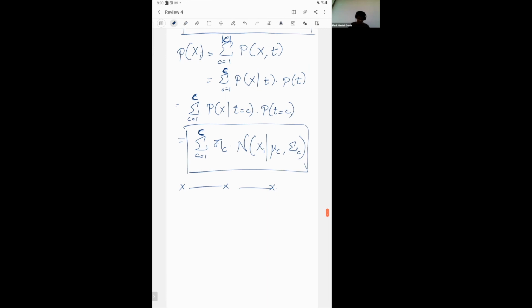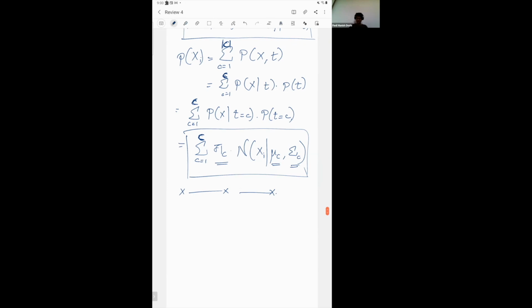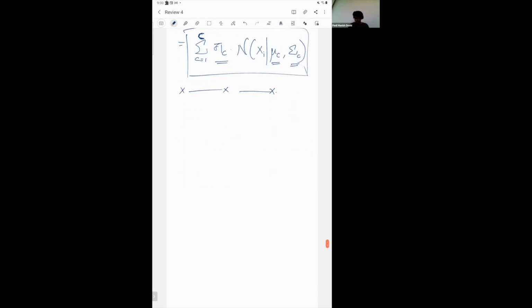Now what we want is that, given these xi values, we want the estimate for pi c, nu c, where nu is the mean, and the covariance matrix, indexed by c. This is the data that we want for all the clusters, and the formulas that come out are quite intuitive.